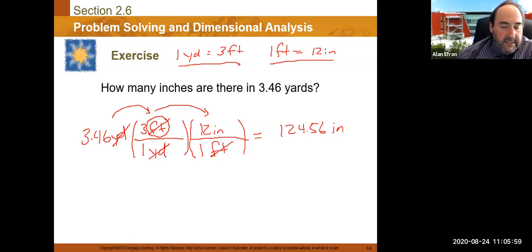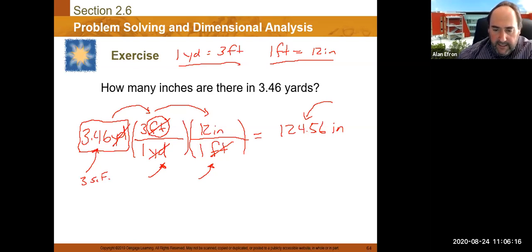Now, in terms of significant figures, this is an equality, so we'll consider it an exact number. This also is the same deal, which as we talked about before, takes us back to our original number, which has 3 significant figures. This means over here, we should end up with 3 significant figures.